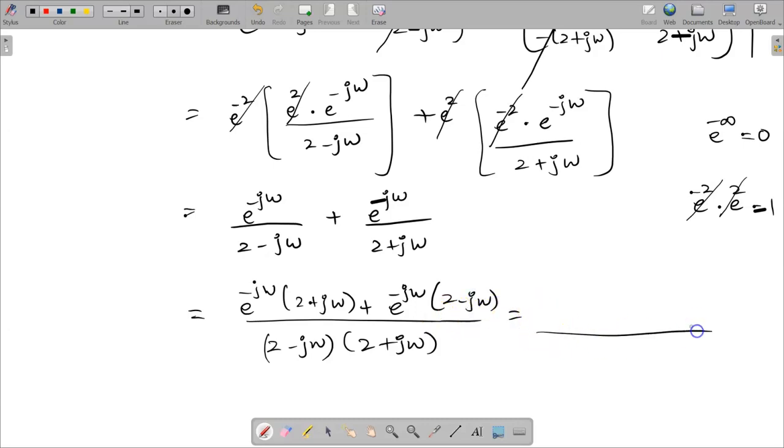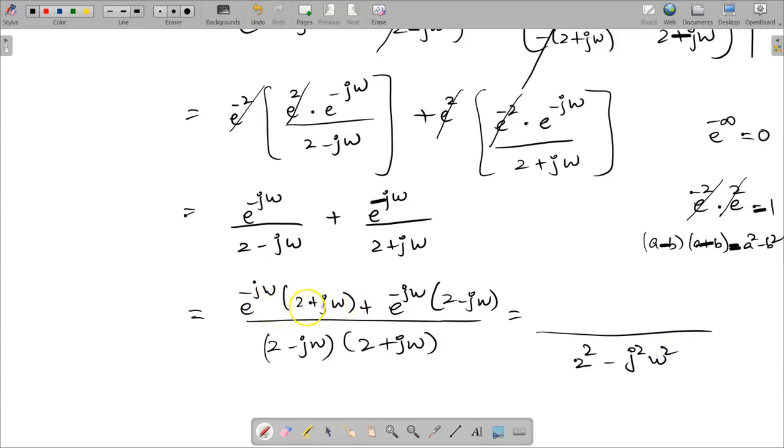So for the denominator, it is the (a minus b) and (a plus b) formula. So what is (a minus b) into (a plus b)? It is the a square minus b square formula. So using that I can write it is 2 square minus j square omega square in the denominator.